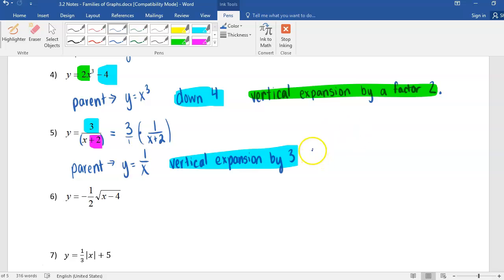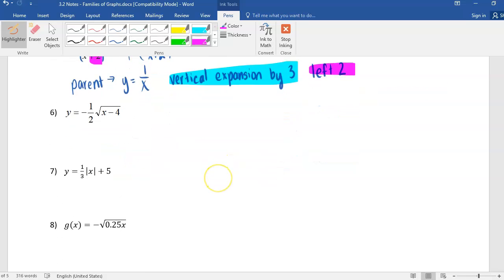Very good. Left 2. The fact that it's inside the parentheses tells us left and right. We go the opposite direction, so positive, we go to the negative direction, which is left. Okay? Questions there? Okay. Just a few more.